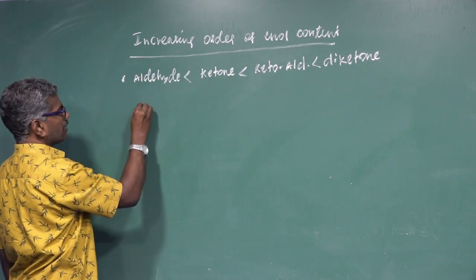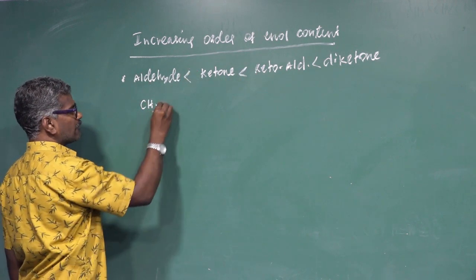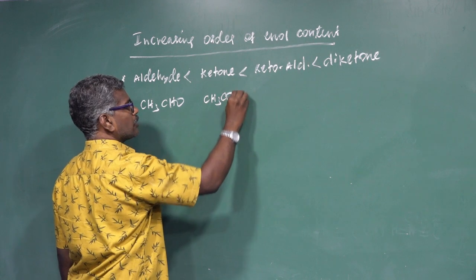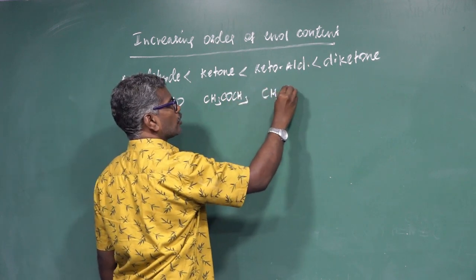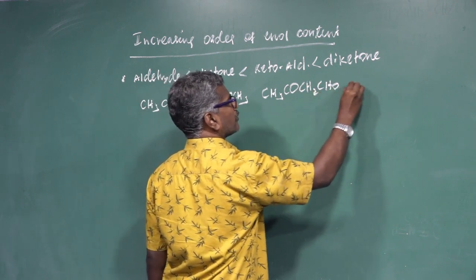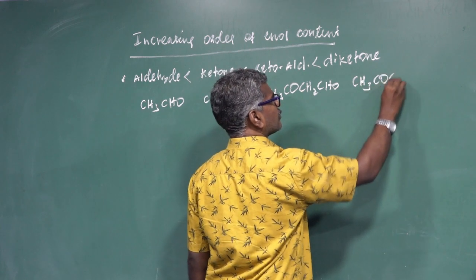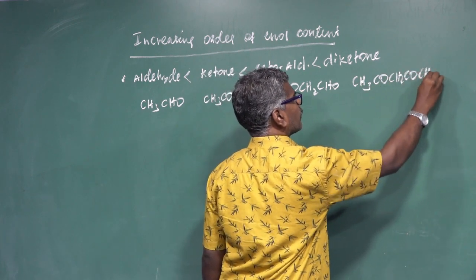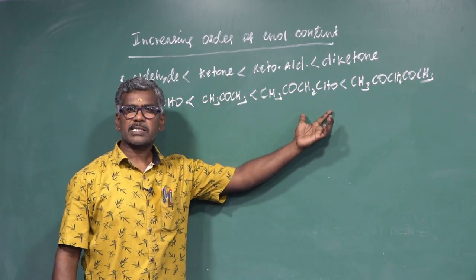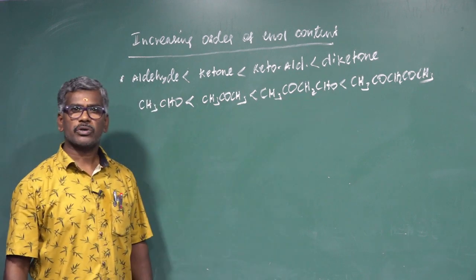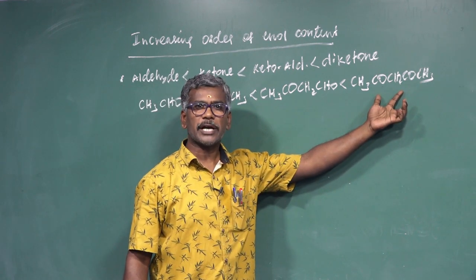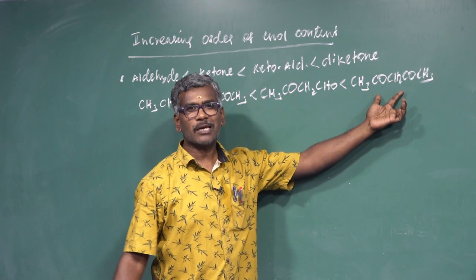For the simplest aldehyde containing alpha hydrogen, that is acetaldehyde. Another compound: keto aldehyde, diketone. This type of question may be asked. Which of the following compounds exists in the highest percentage of enol form? The diketone undergoes the highest percentage of enol form.